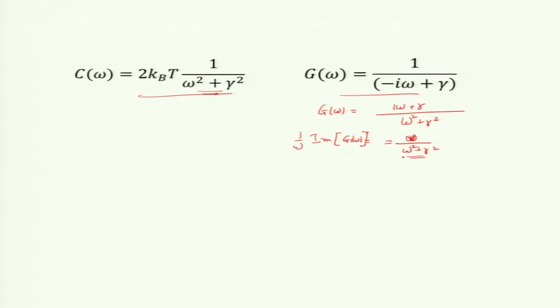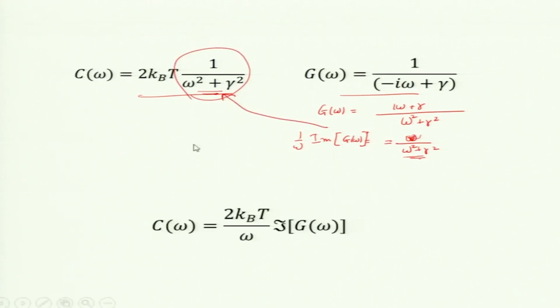So, for this, I am going to replace that. I get 2 kBT times the imaginary part of G of omega, with an omega coming here, one omega sitting below.